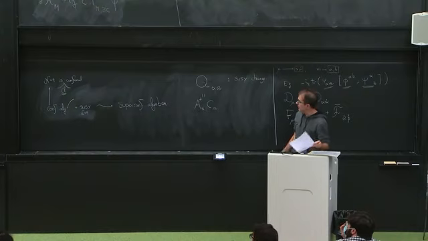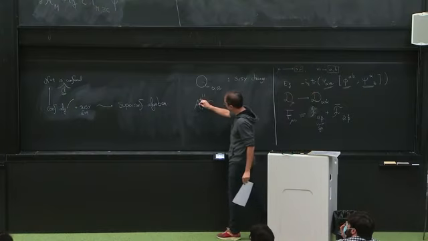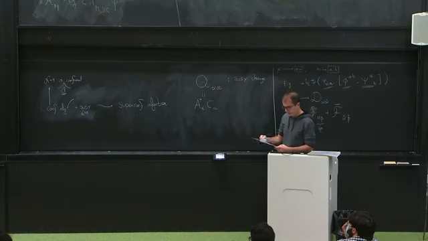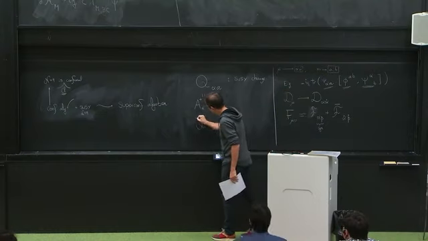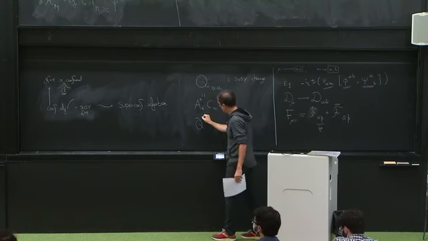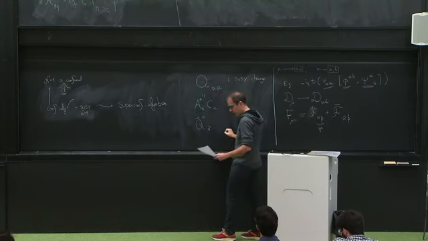And this is indeed what supersymmetry is. Then you would have Q bar, which has A and alpha dot.